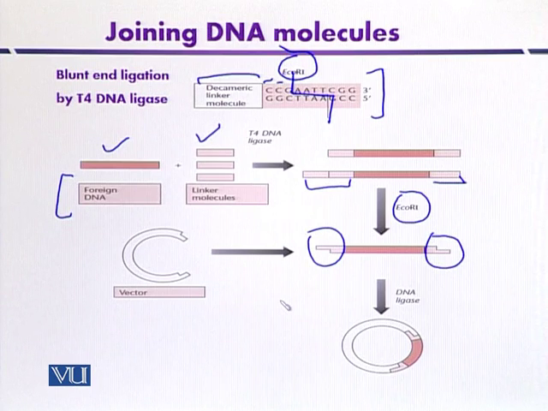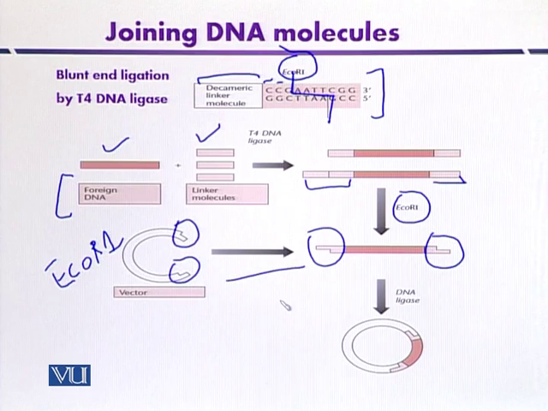Now the vector is also digested with the same enzyme, EcoR1, so that we get the same cohesive ends containing AA, TT. When they are mixed together, we can get a recombinant molecule, and the DNA ligase can bridge the gaps between the two strands.